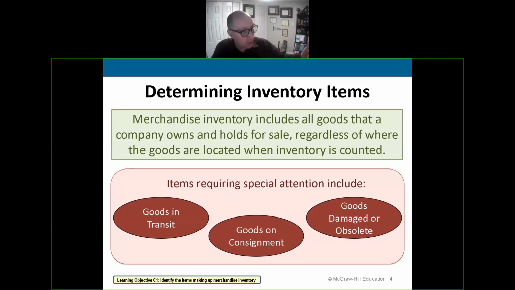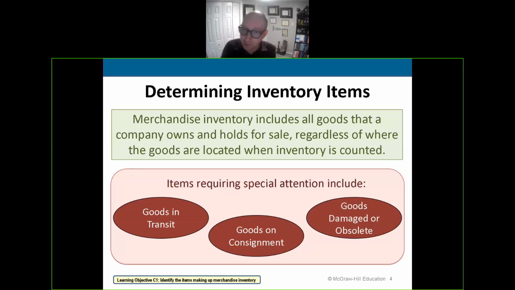The consignment shop will sell the stuff, and at that point, that's the time when the consignment shop will have cost of goods sold, and then they'll give some portion of the proceeds to the original person that owns the merchandise. That's what consignment means. I'll go into more detail, but that's the general sense of it.